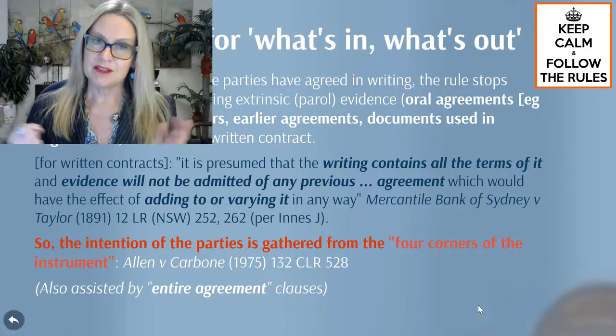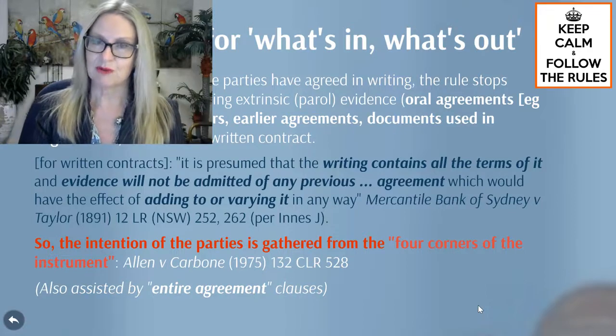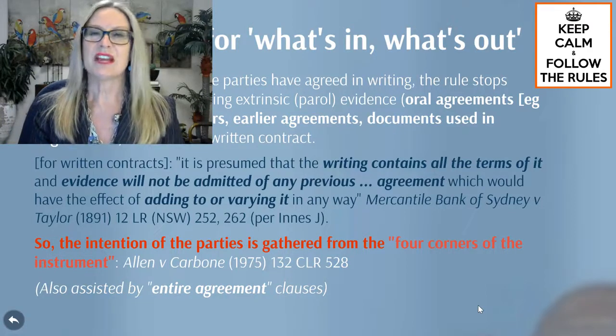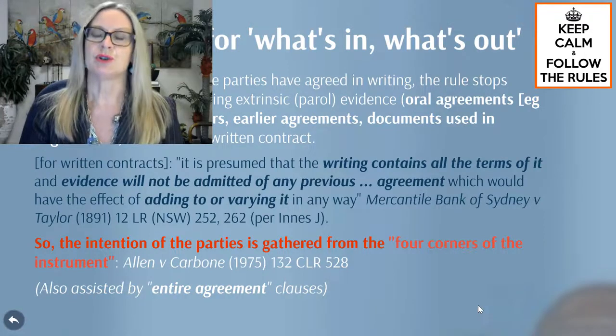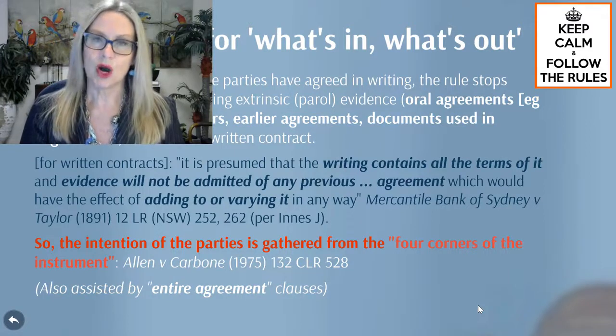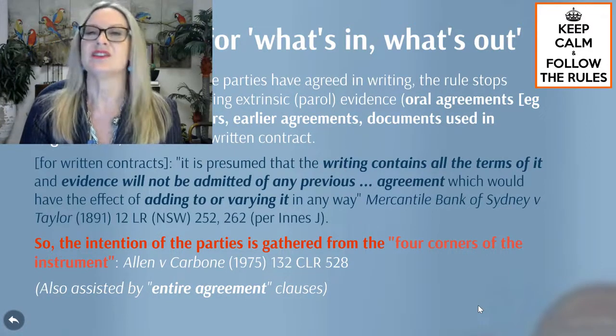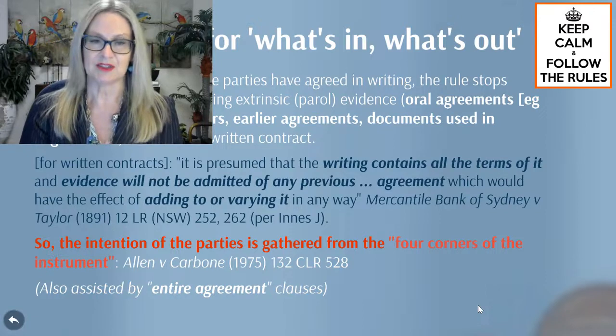So this rule is sometimes called the Four Corners Rule. The intention of the parties in relation to the bargain and the terms that are going to govern the bargain is gathered from the four corners of the written instrument.